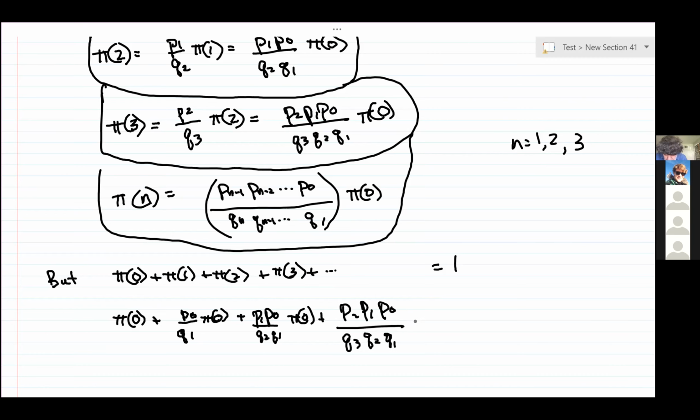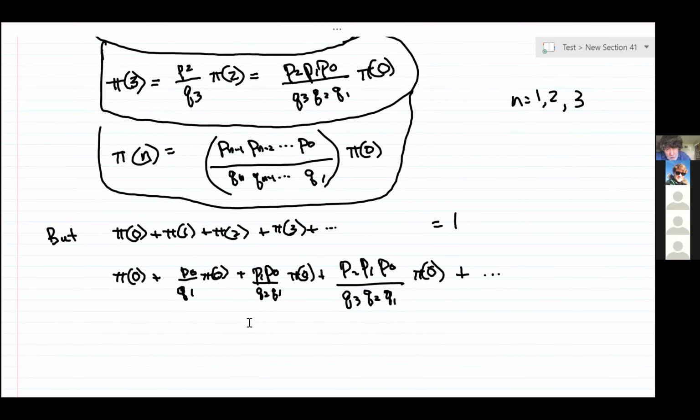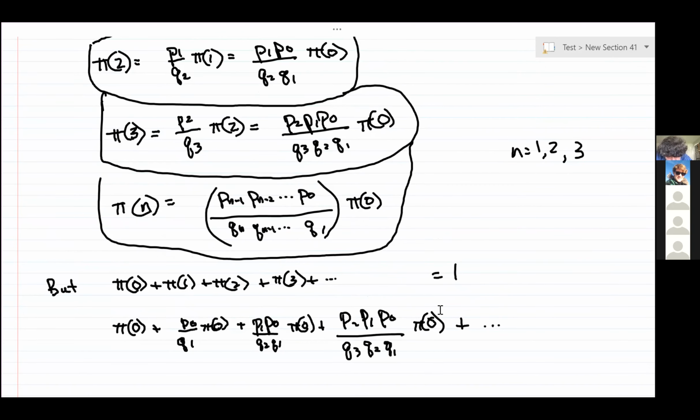All of that times pi 0, plus keep going. This equation holds. So now you have one equation in terms of one unknown. You can make sure I'm doing this right. Something's bothering me.